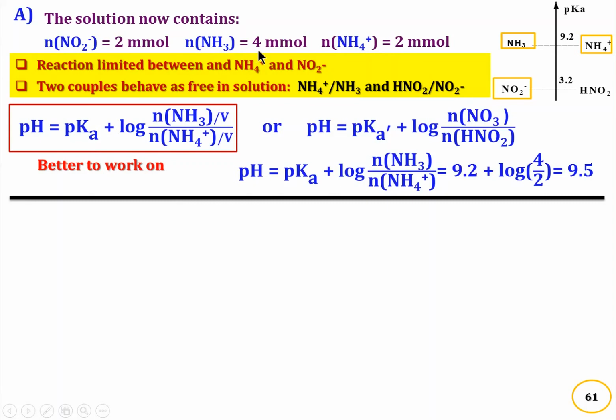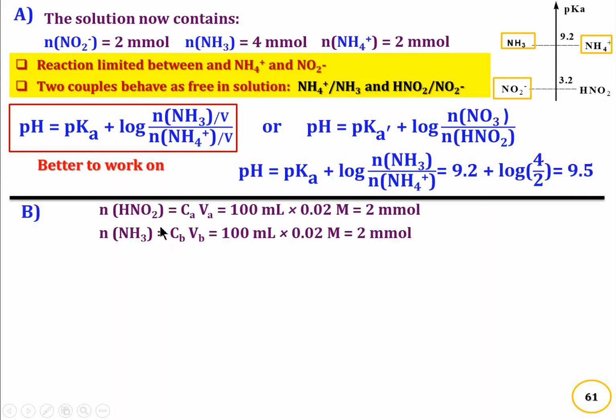But since we suppose that NH4+ is a weak acid of weak behavior and NH3 is a weak base of weak behavior, the number of moles at equilibrium will be practically equal to the initial number of moles. So pH equals 9.2 plus log 4 divided by 2, equal to 9.5. As I said, if the student works on the second couple, he should obtain the same answer. But pay attention to calculate HNO2 at equilibrium.